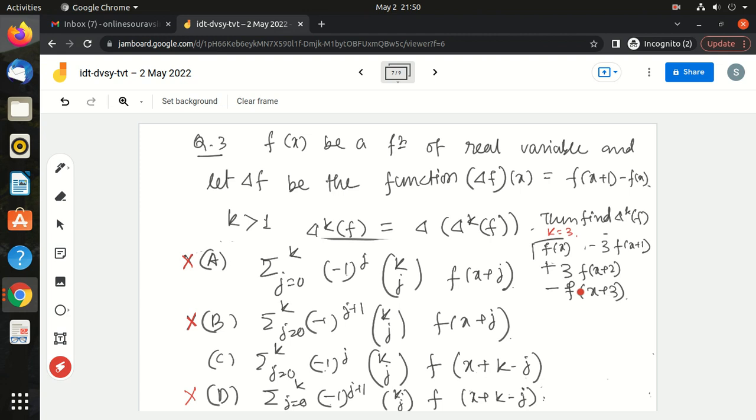In the case of MCQ, you can say that C is correct, but for the sake of completeness, let me show why C is correct. Do you understand what has been done so far? Is there any question?